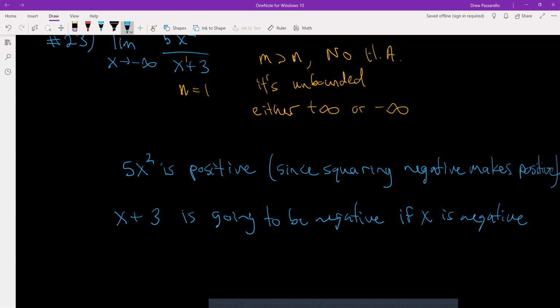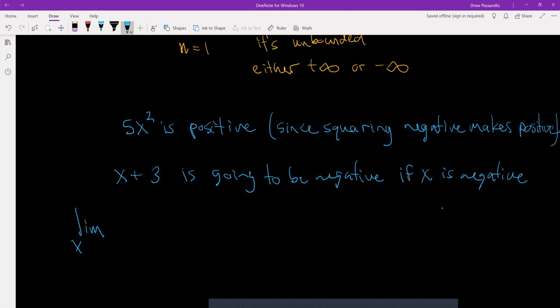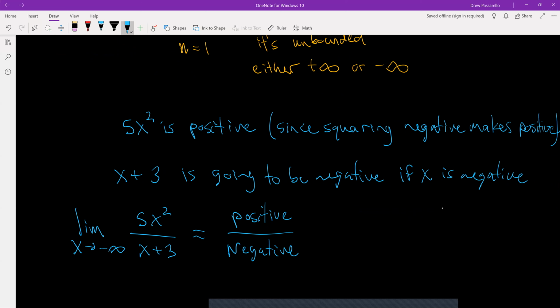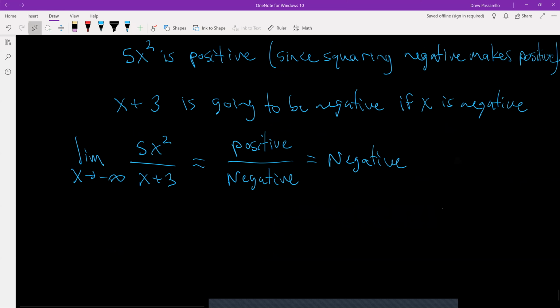So for the limit as x approaches negative infinity of 5x squared over x plus 3, we know it's going to be a positive number up top because of the square, and then it's going to be divided by a negative number in the bottom. Positive divided by negative is negative. So this is going to be negative infinity is the answer.